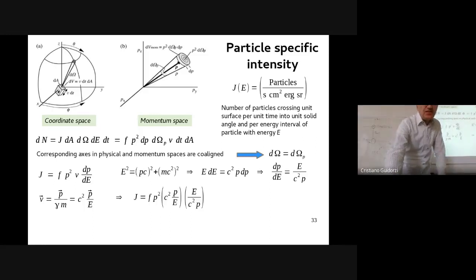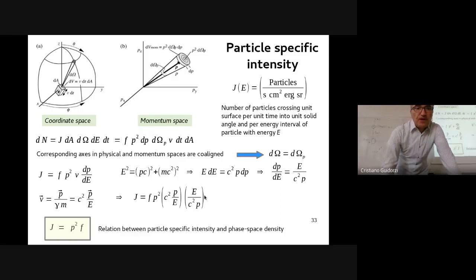But specifically here, we didn't take the entire vector, we just take the magnitude of the vector. So by replacing the last two terms, instead of v, I put c squared p over E, and instead of dp over dE, E over c squared p, you see that all these terms among brackets cancel out. You are left with a very simple formula, which expresses the newly introduced particle specific intensity as a function of f, the distribution function, and p squared.